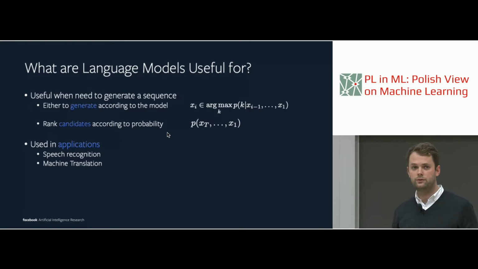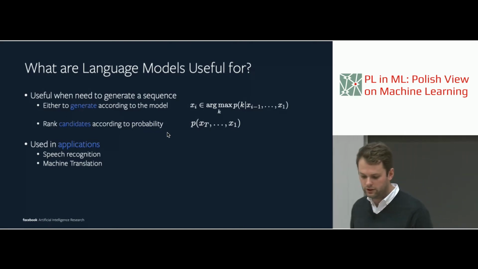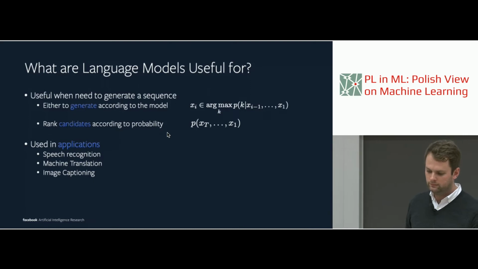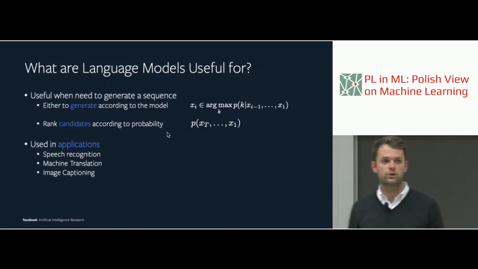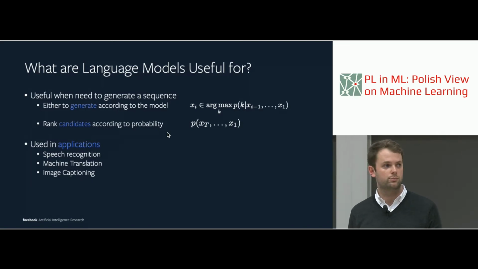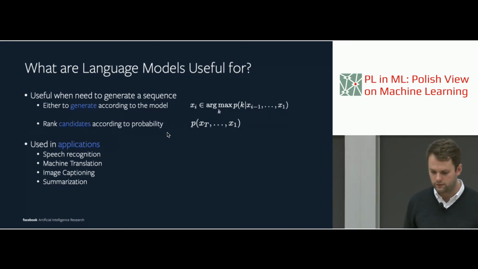When you translate from Polish to French, or Polish to English, you're going to have a language model on the decoder side, which is going to basically rank the translations based on how likely they are to be actual good French. And other applications you can think about are, for instance, image captioning, where you generate a short text description given an image, or text summarization, and I guess there are many other applications you can think about.